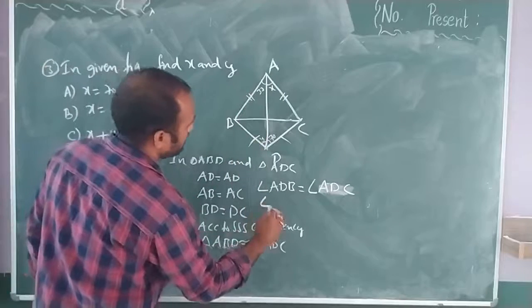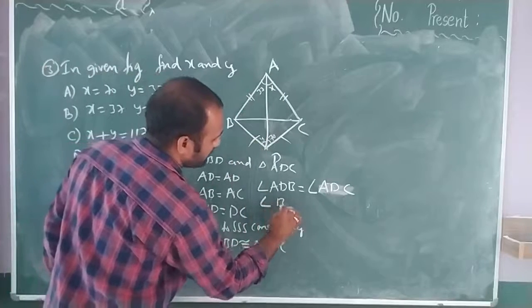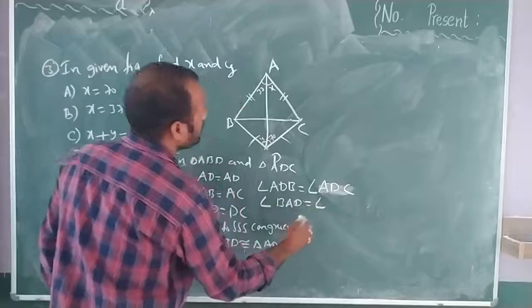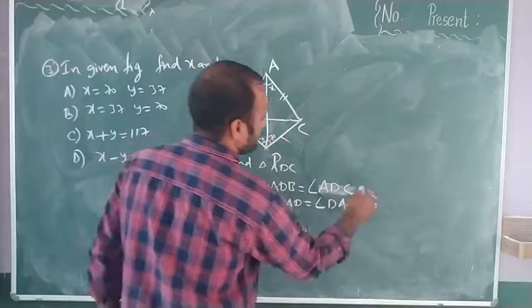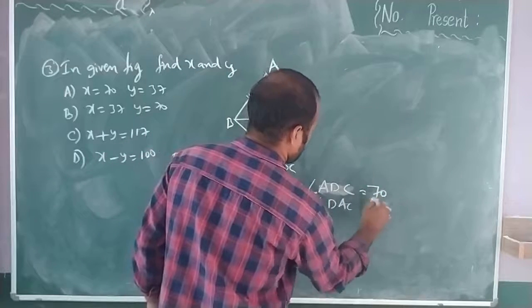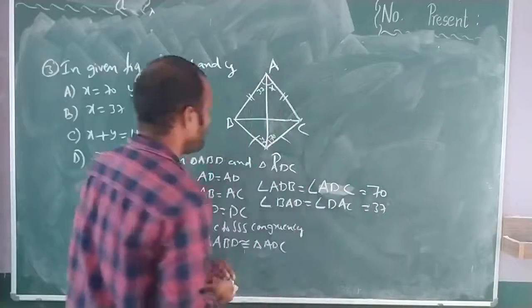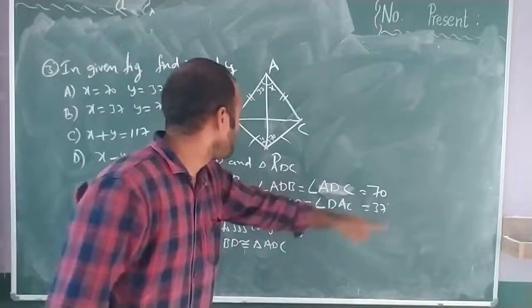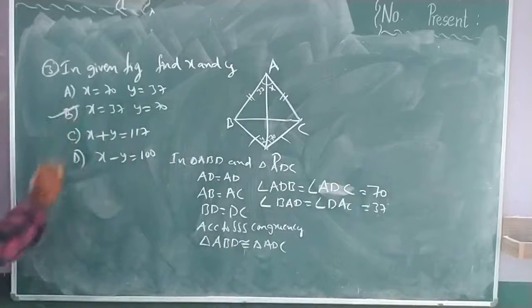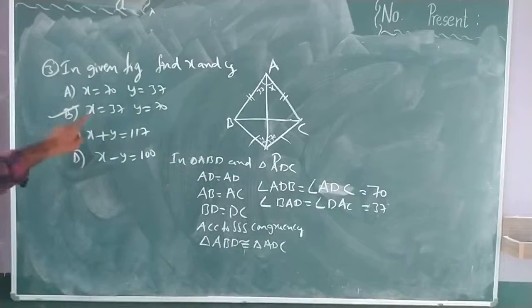Next, angle BAD equals angle CAD. So here it is 70 degrees and here it is 37 degrees. So angle ADB, y is 70 degrees. So y is 70, x is 37 degrees. So option is D.